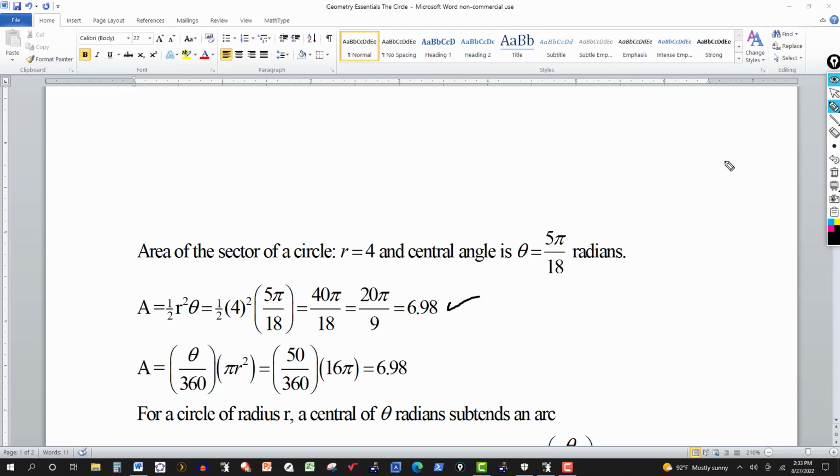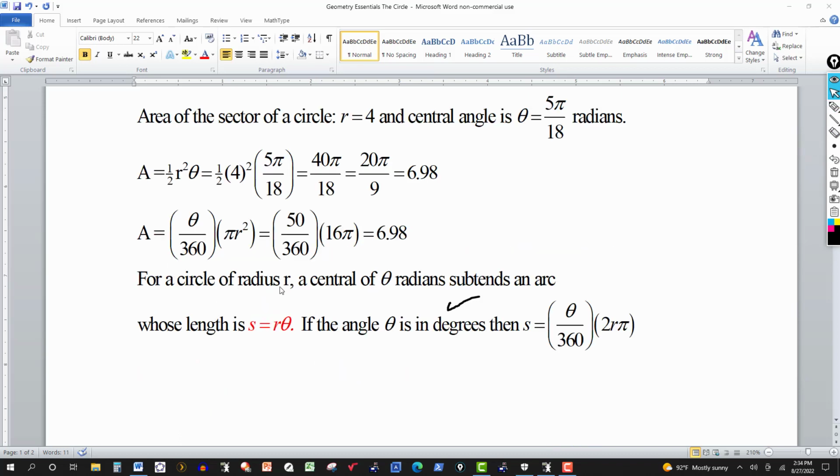And the other thing I want to go over is if you want to find the arc length. For a circle of radius r, the central angle of theta radians subtends an arc whose length is r theta. If the angle theta is in degrees, then S is pretty much the same sort of thing as we did with the area. It's theta over 360.